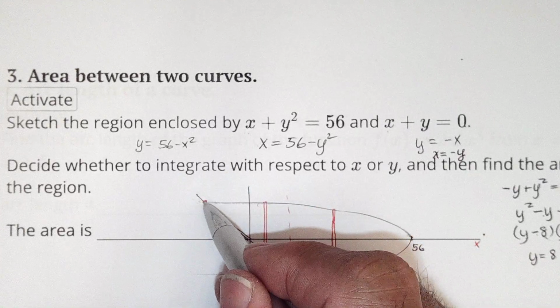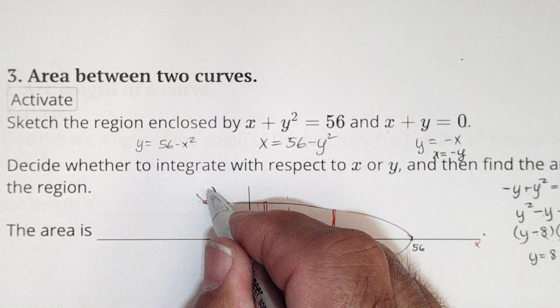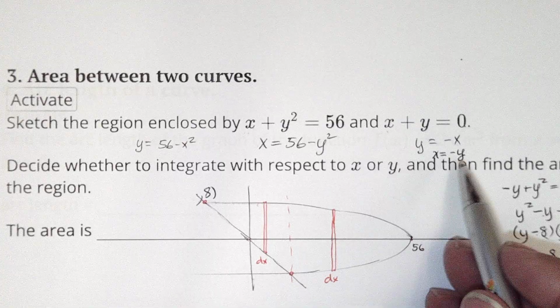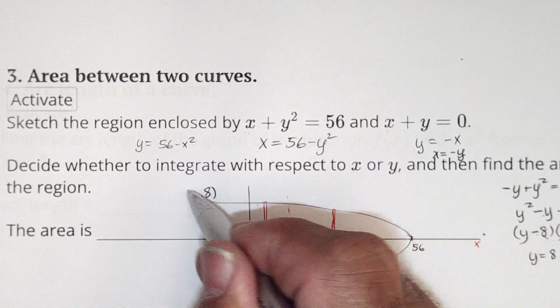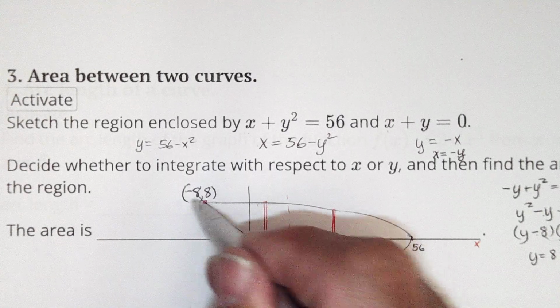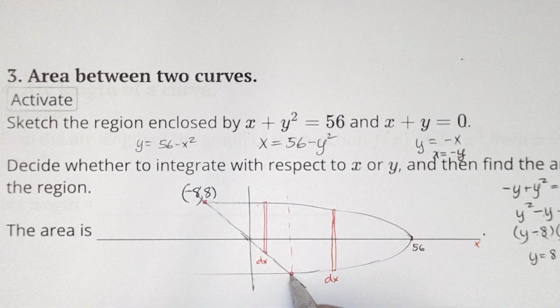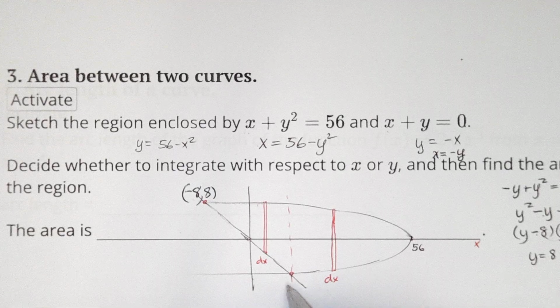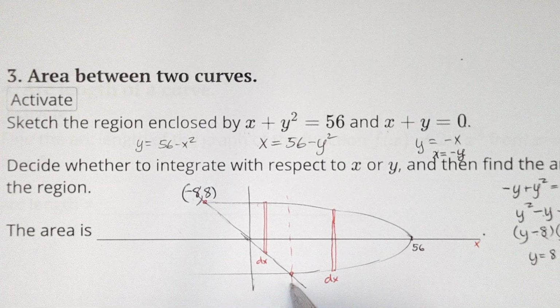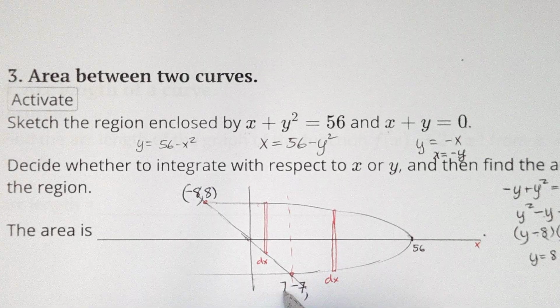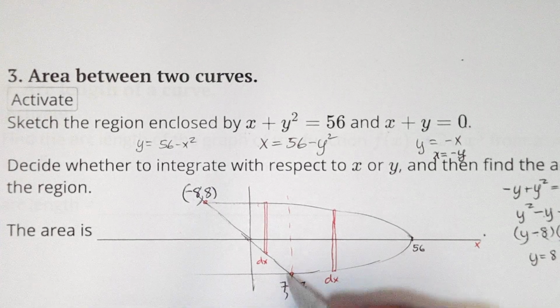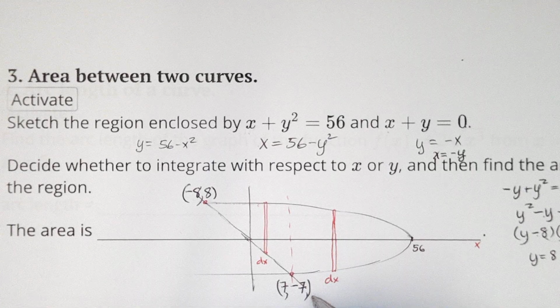Well, this is where y equals 8, and x is the opposite of y, so x is negative 8. And this point is where y is negative 7, and x is 7. Oops, sorry, got an extra parenthesis in there.